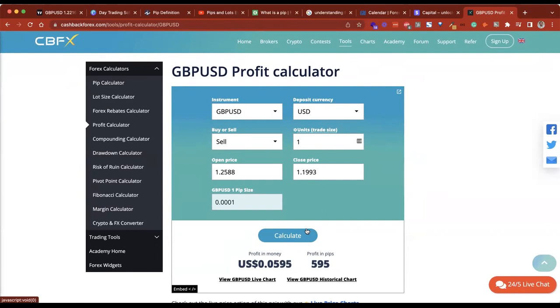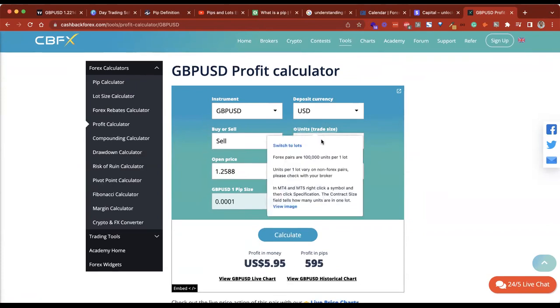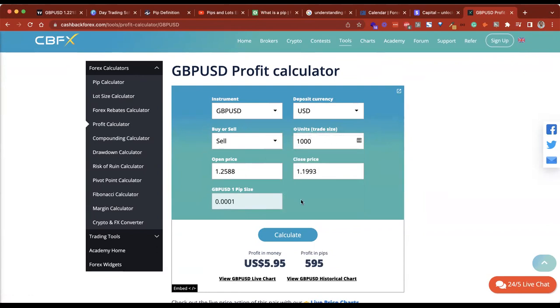595 pips can mean a little or a lot. We all want to start low. We just want to start with about 10 units, 100 units, okay? And I think the least we're gonna start with is 1,000. That's like a nano lot.